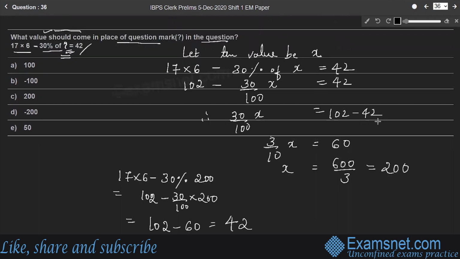Right? So here 42 is the RHS part. Therefore, the answer is verified. Therefore, the value of x is 200. Hence, option C.